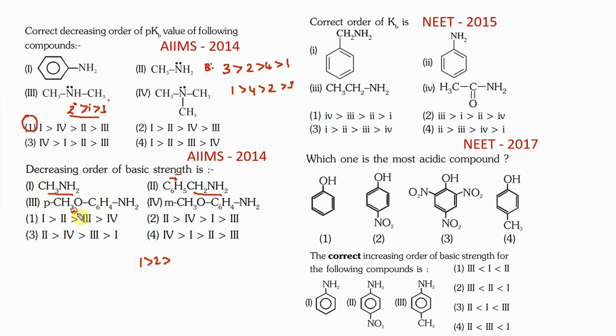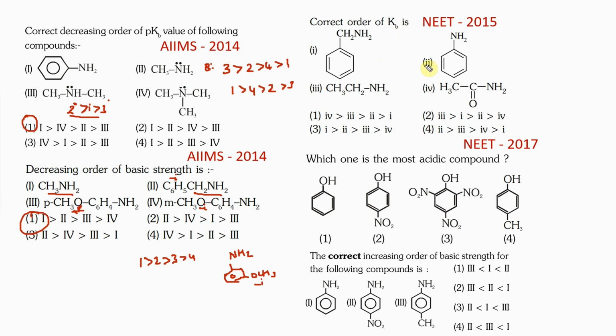Methoxy is plus R. This one is meta, so minus I. Now if I am going too fast, I drew this example some time back. Draw the structure. Maybe I will do it for you. OCH3. This is minus I. This is plus R. Plus R I want compared to minus I. 1, 2, 3, 4. That's all.